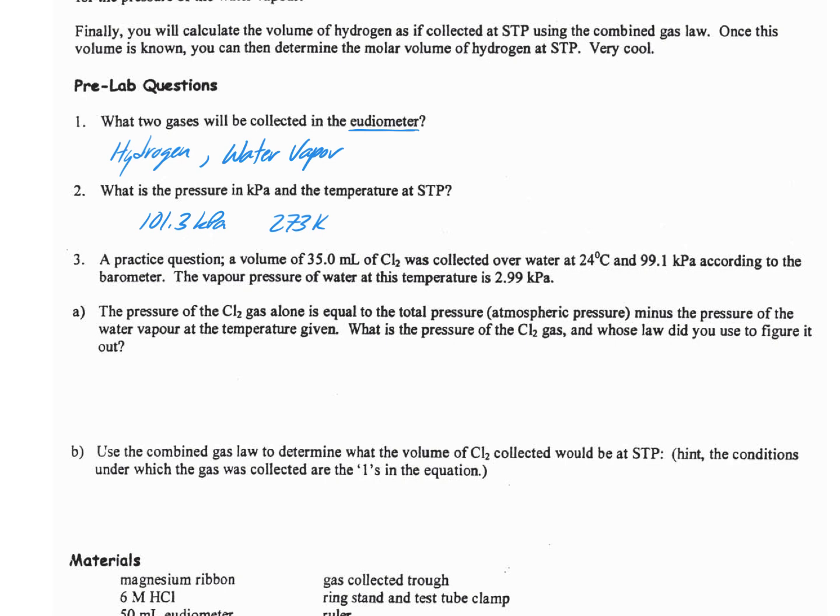Okay, so anyway, in this practice question, we're collecting 35 milliliters of chlorine gas over water at 24 degrees Celsius, and the atmospheric pressure is 99.1 kPa, according to a barometer that was read. All right, fine. The vapor pressure of water at this temperature is 2.99 kPa.